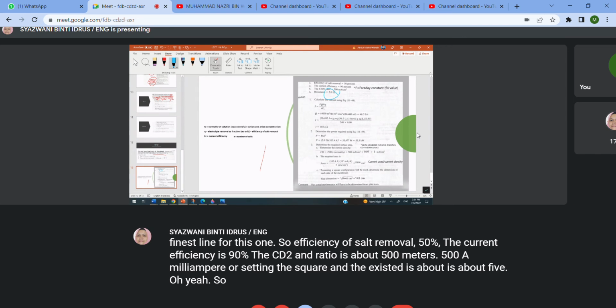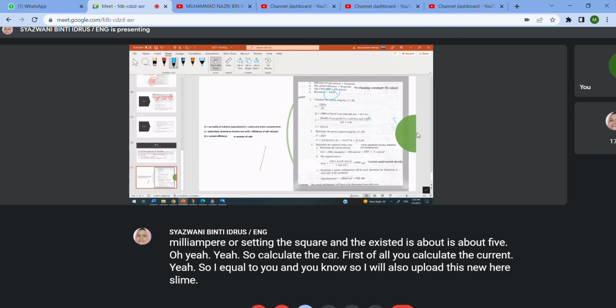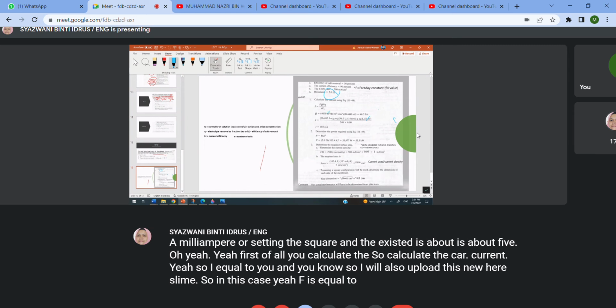So first of all, you calculate the current. So I equals F Q N mu over N E. I will also upload this handwritten note in our slide. In this case, F is equal to 4,000.